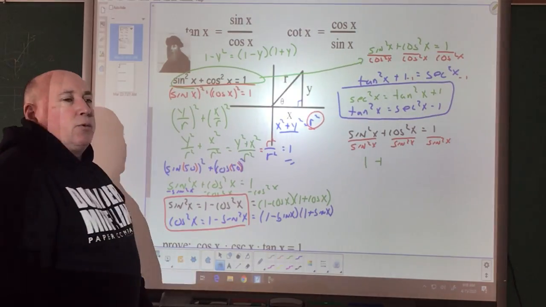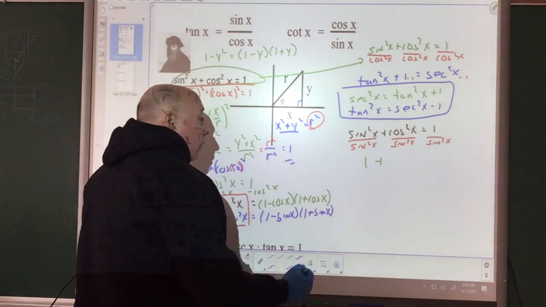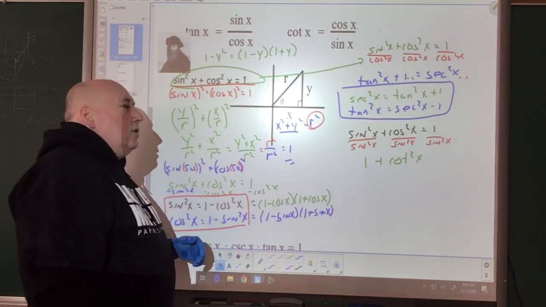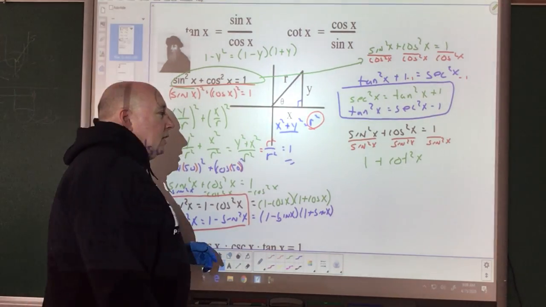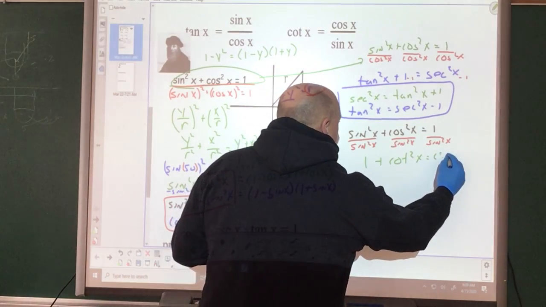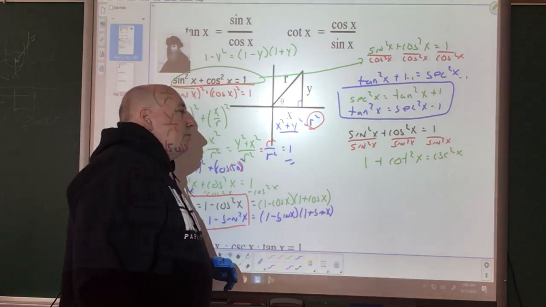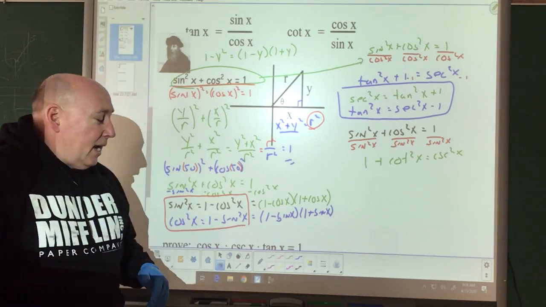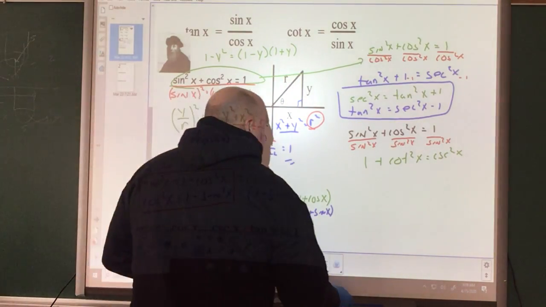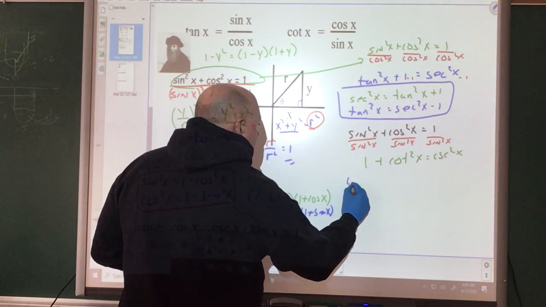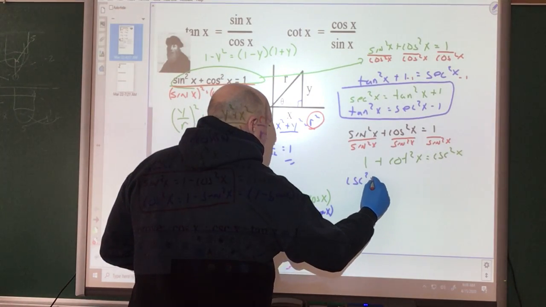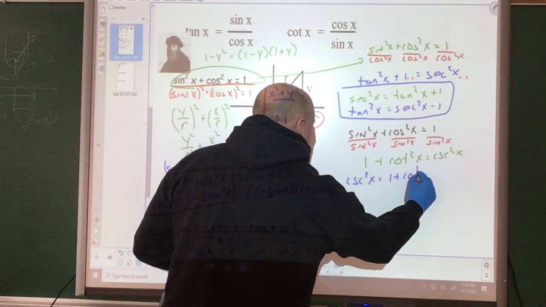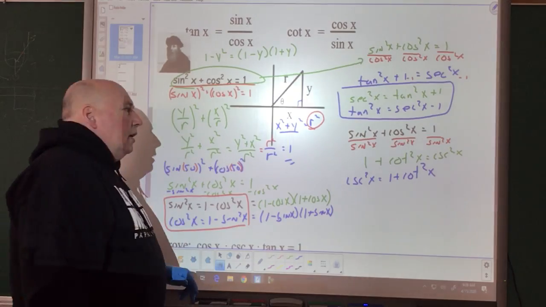Cosine squared over sine squared will give us now cotangent squared of x. 1 over sine squared will give us the cosecant squared of x. So this gives us another relationship between trig functions, where I have cosecant squared of x is equal to 1 plus cotangent squared of x.